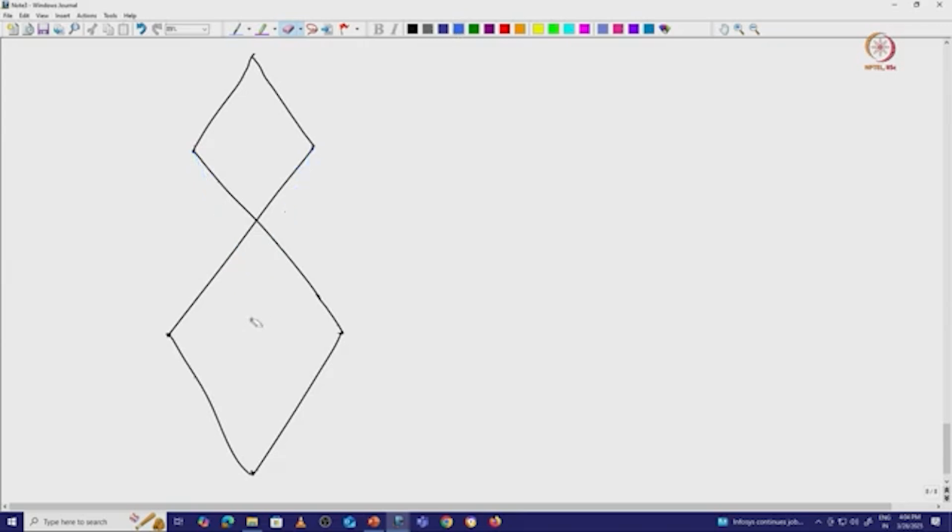So the electron beams are converged at a particular point. It goes like this, through this crossover point, and gives us an image at the bottom.